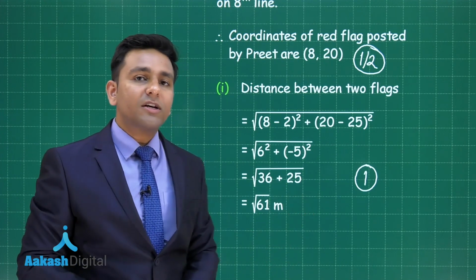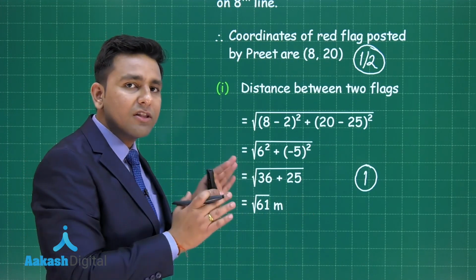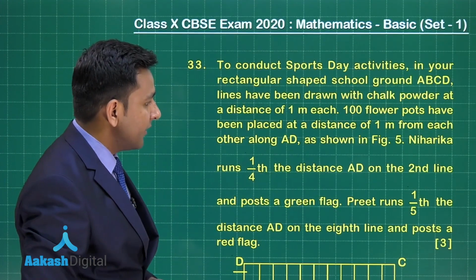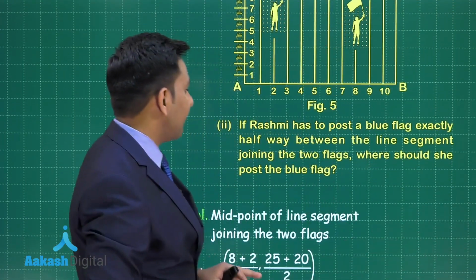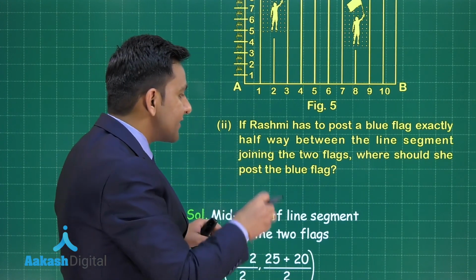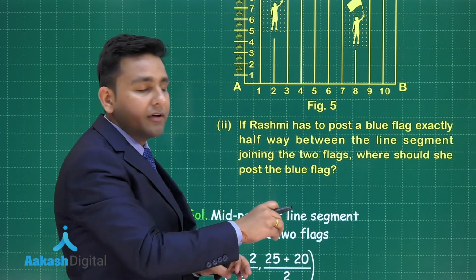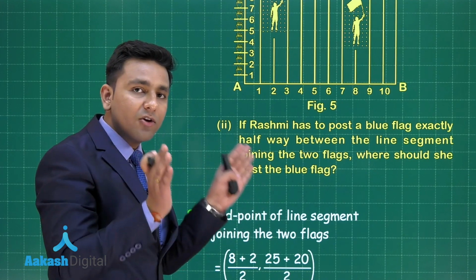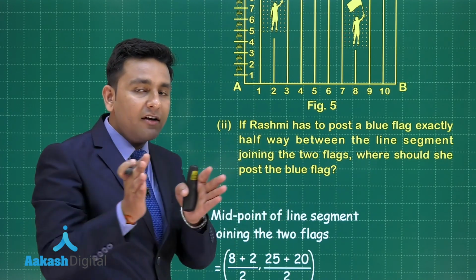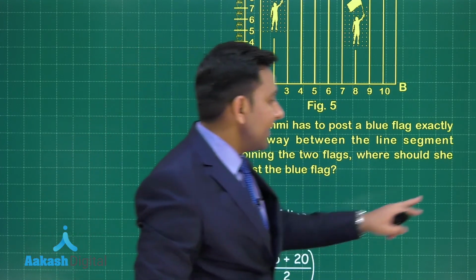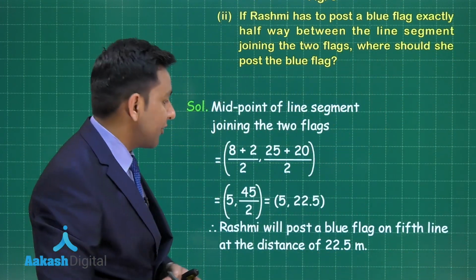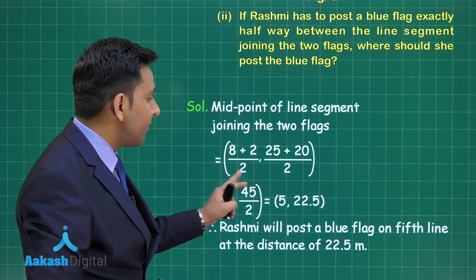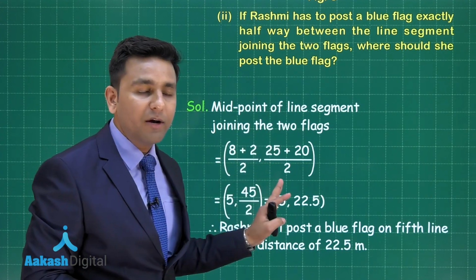Now let's proceed to the second part of this question with the same information. In second part of question, we have to find the coordinates of the midpoint, the line segment joining the two flags, that means green and red flag. So I can calculate with the help of section formula, or you can say midpoint formula, x1 plus x2 divided by 2 comma y1 plus y2 divided by 2.